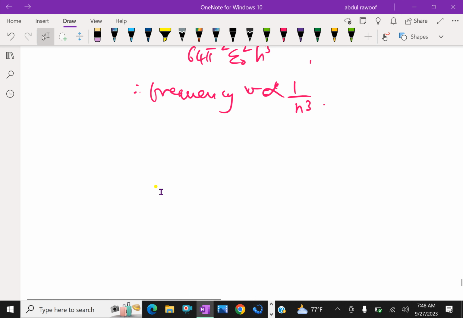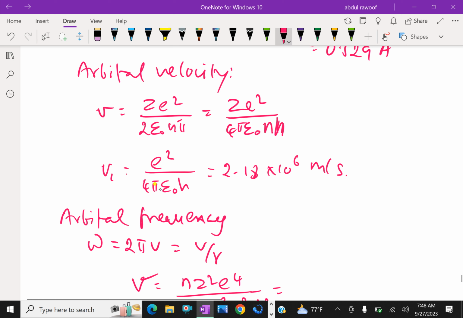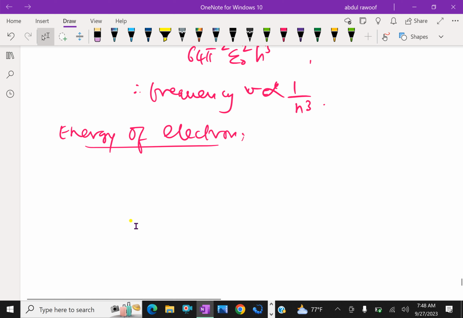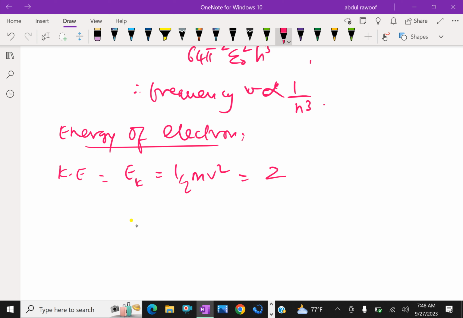Energy of the electron. Kinetic energy first is Ek equal to half m v squared, which is equal to Z e squared over 8 pi epsilon 0 r.